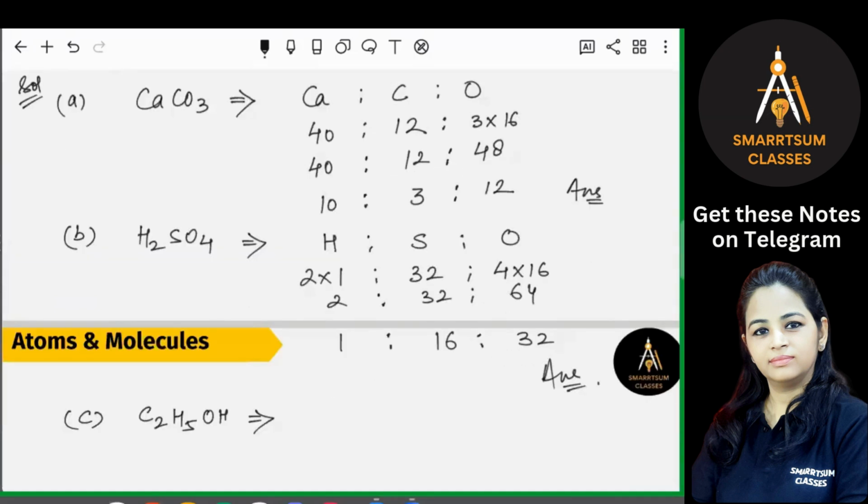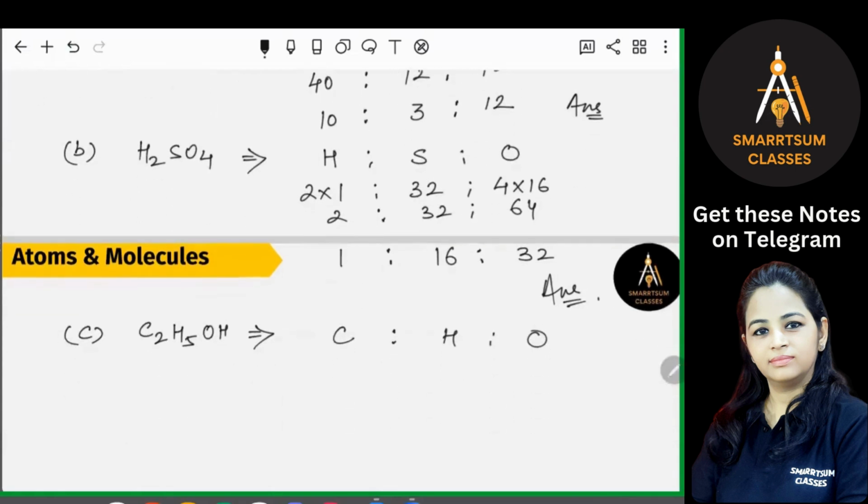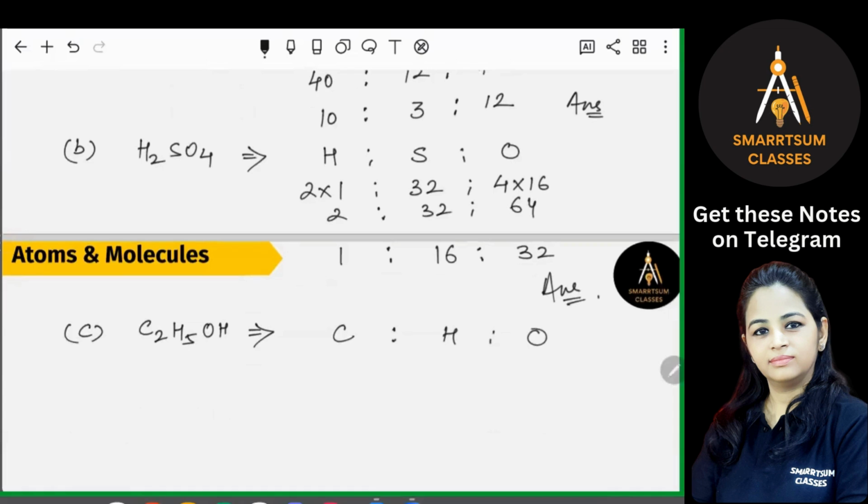Now look at the third part. We have to find the ratio by mass of the combining elements for this C2H5OH. First we'll write down what the combining elements are. So here we have carbon, hydrogen, and oxygen. So write it down: C ratio H ratio O. Now we will count the number of atoms for each type of element.